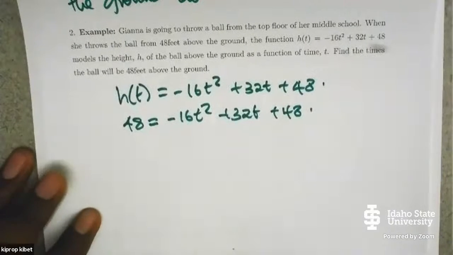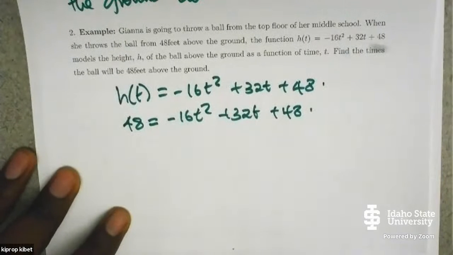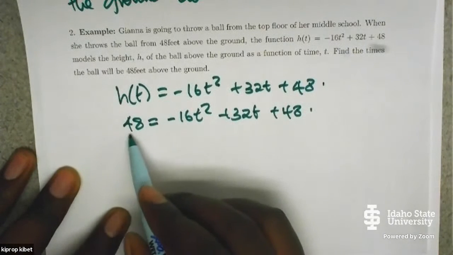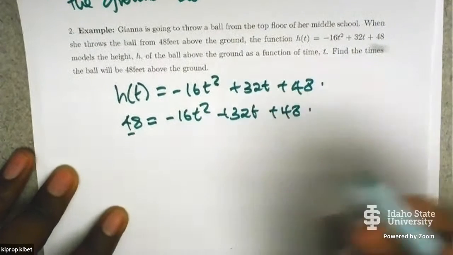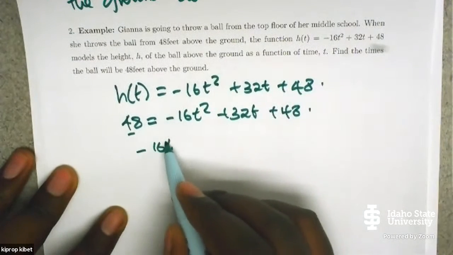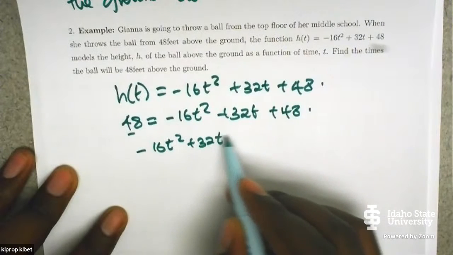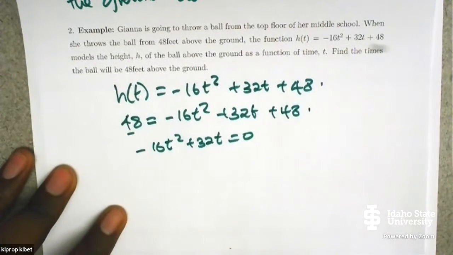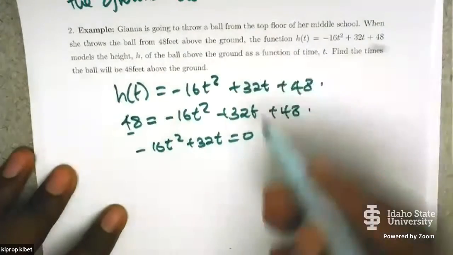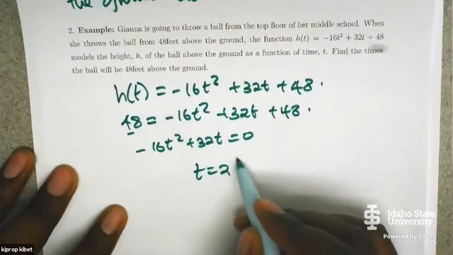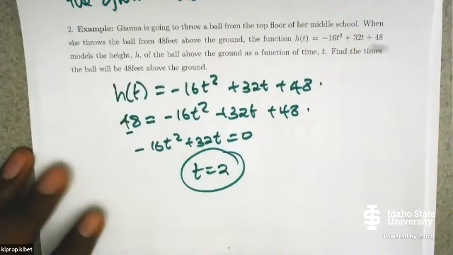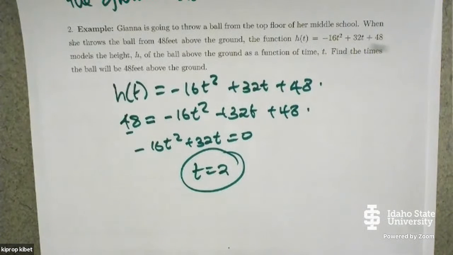Therefore, what do we get? We take this one to the other side. So we still get minus 16t squared plus 32t equals 0, which is similar to the first one. So our t equals what? 2. So our t equals 2.